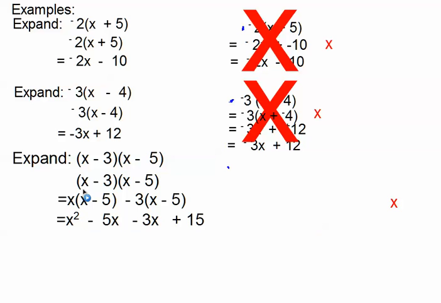X times -5 is -5x. -3 times x is -3x. -3 times -5, a negative times a negative is a positive, and 3 5s are 15. Collect the like terms. -5 plus -3 is -8x, so it becomes x squared take 8x plus 15, which is the neat and concise way of doing that.